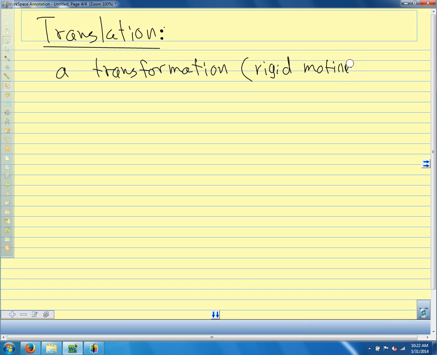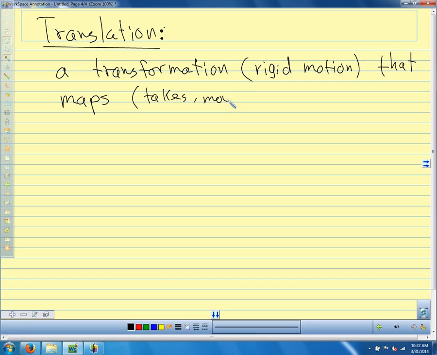Either way to describe it works. The technical way to say it is maps. We can say takes, moves, slides.